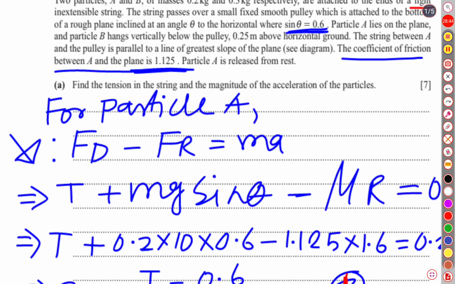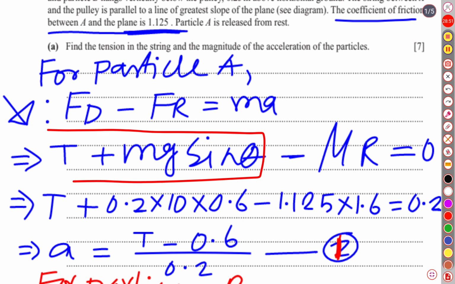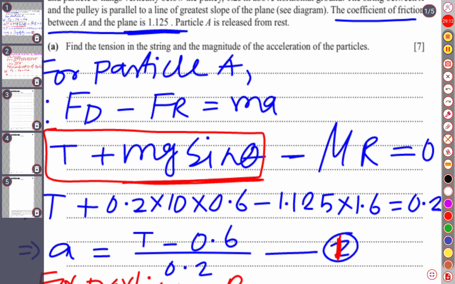For particle A, we had written earlier that tension plus weight were the driving force. Now as there is no tension, only the weight is causing particle A to slide down. So mg sin theta is the driving force and mu R is our frictional force.